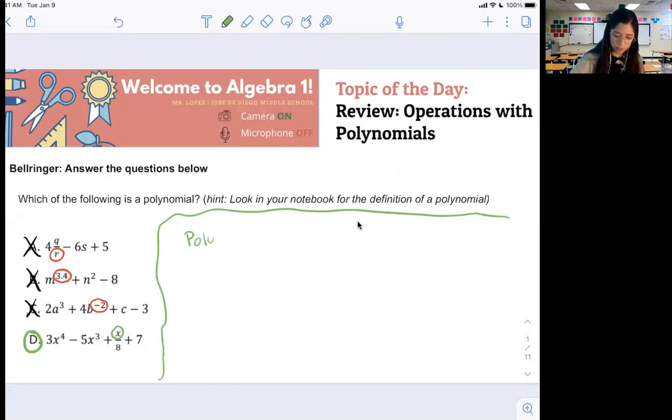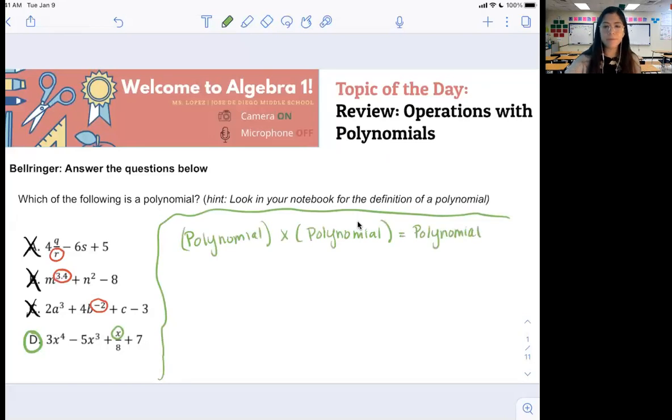A polynomial times a polynomial is a polynomial. Simple. When you multiply two polynomials, you get a polynomial.